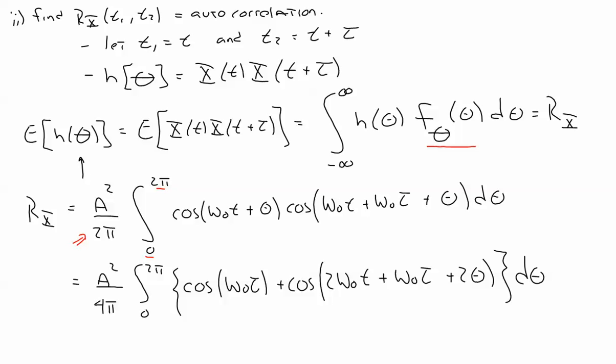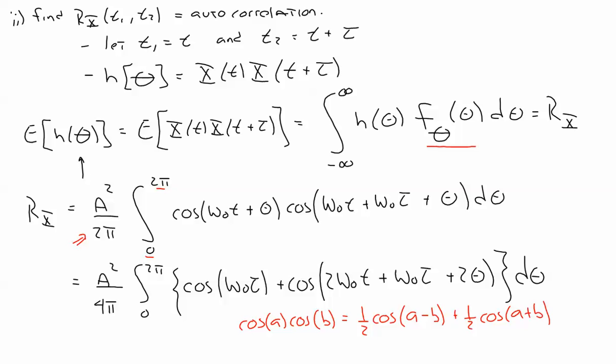All right, and to this point I've used an identity, cosine A cosine B equals 1/2 cosine A minus B plus 1/2 cosine A plus B. That's how I got to that point.